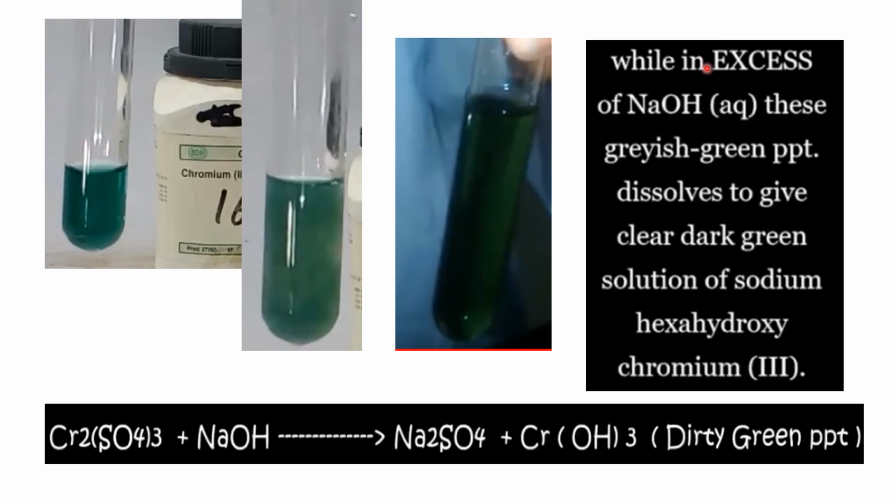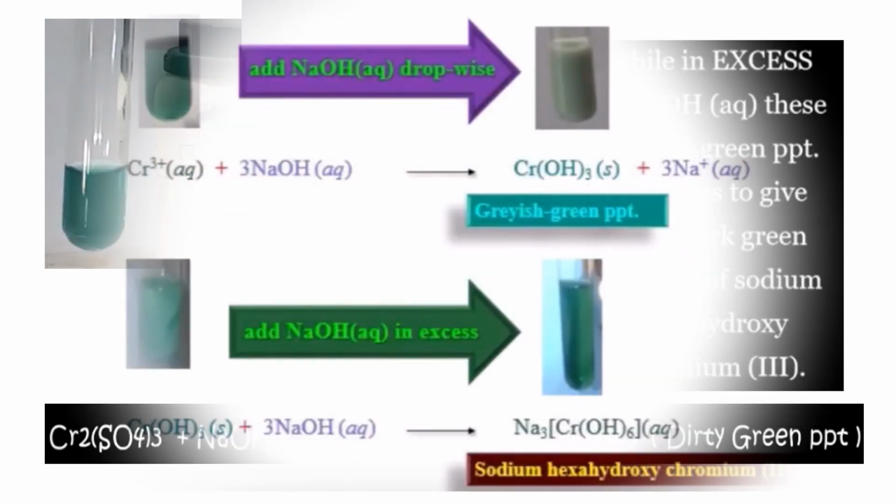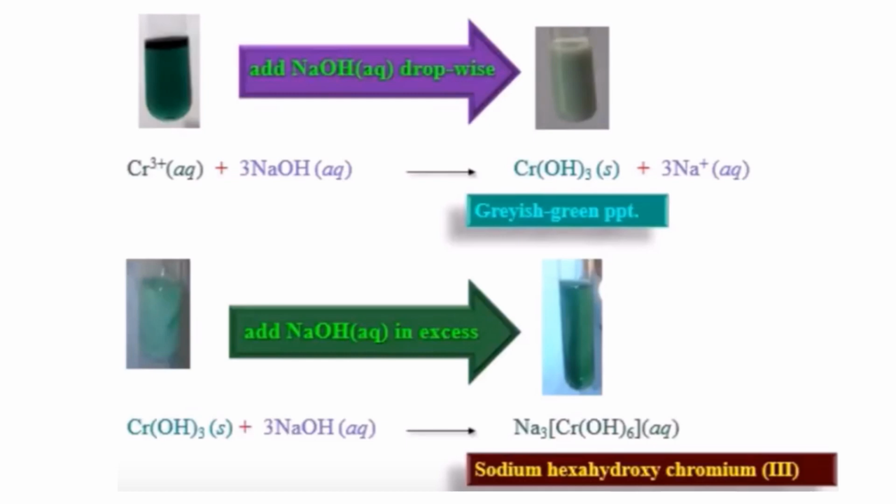But in excess of sodium hydroxide, the grayish green precipitate dissolves to give a clear dark green solution of sodium hexahydroxy chromium. Okay, so this is the grayish precipitate, chromic hydroxide solid, but if you add in excess, it becomes sodium hexahydroxy chromium, which becomes soluble.